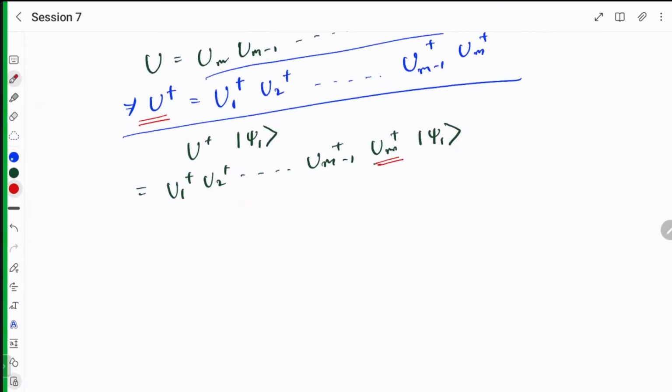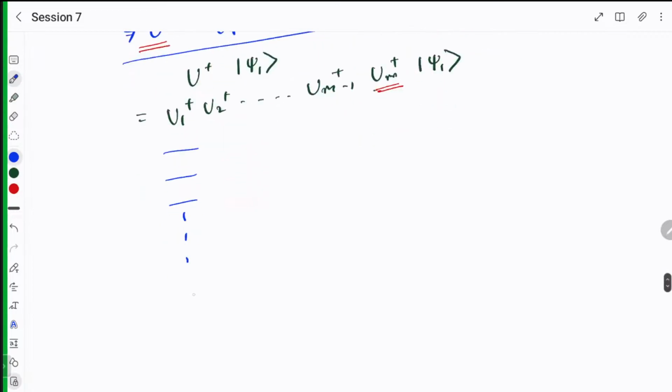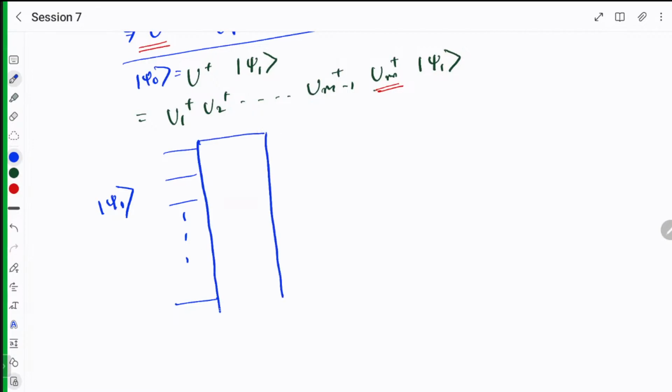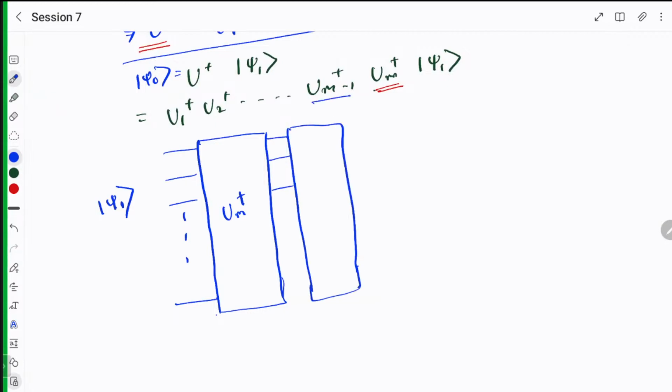So if I start with psi1, then in order to go to psi0, the first operator I have to put is UM dagger. And then what will I put? UM minus 1 dagger, that is the next operator.